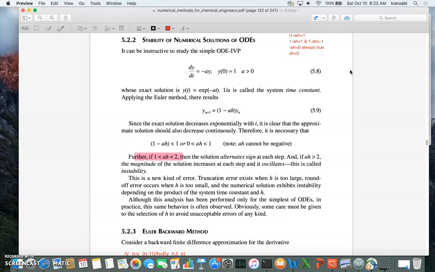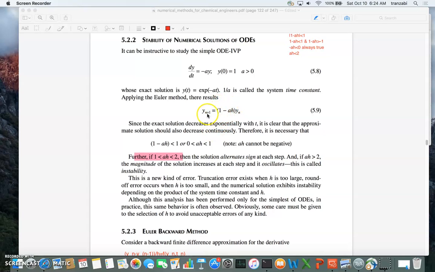So the condition so far is AH less than 2, but also if AH is bigger than 1 and less than 2, then 1 minus AH over here alternates its sign, right? If AH is bigger than 1, then this is negative, right?